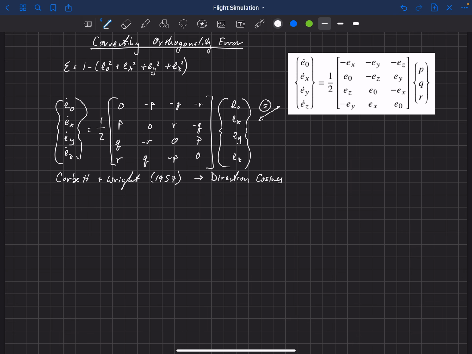But then in 1958, Robinson showed that you could use this exact same method on this quaternion formulation. So we call it the Corbett-Wright method, but Robinson was the one that took the Corbett-Wright method, originally developed for direction cosines, and applied it to quaternions.